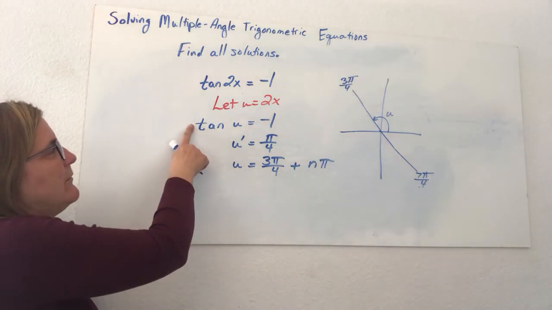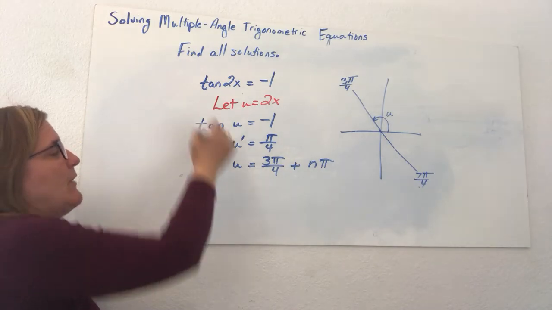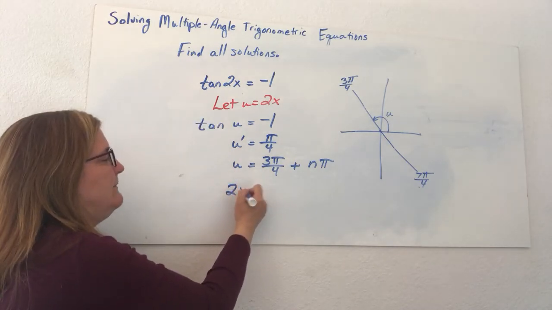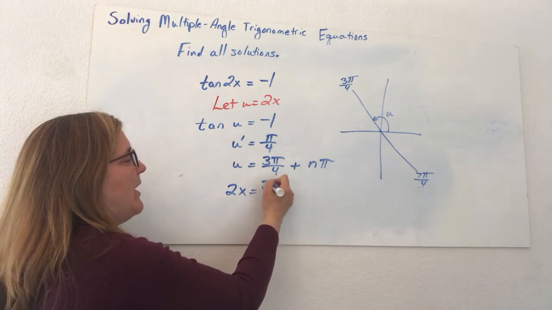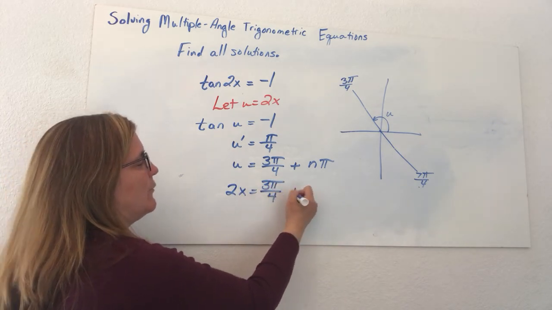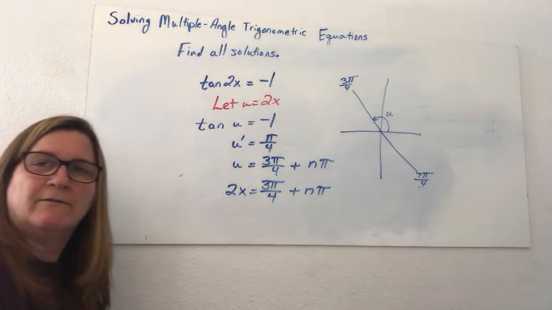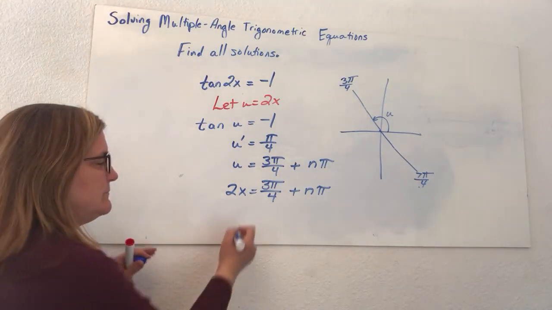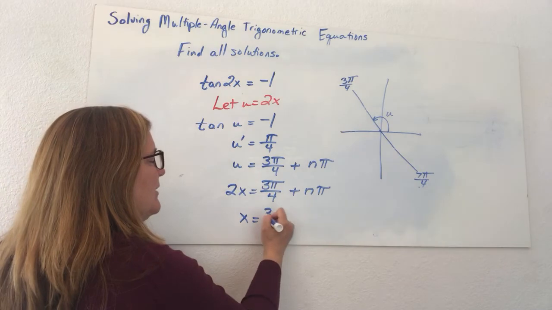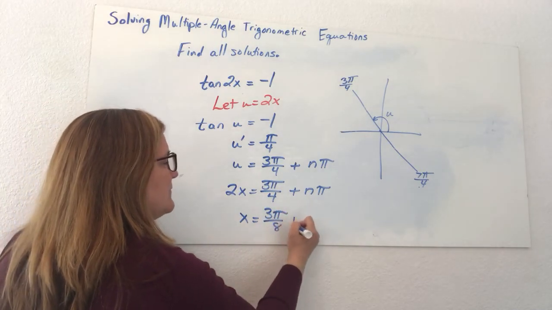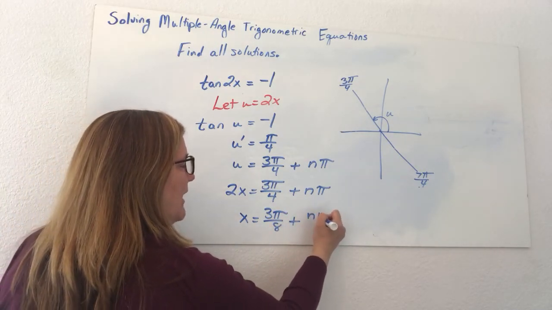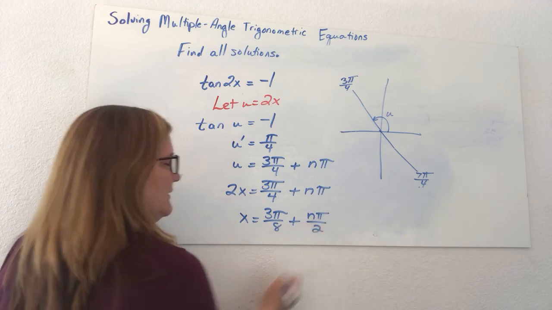For this particular equation, our goal is still to solve for x, so we pop the 2x back in, and we have 2x equals 3 pi over 4 plus n pi. And when we divide by 2, we get x equals 3 pi over 8 plus n pi over 2, right?